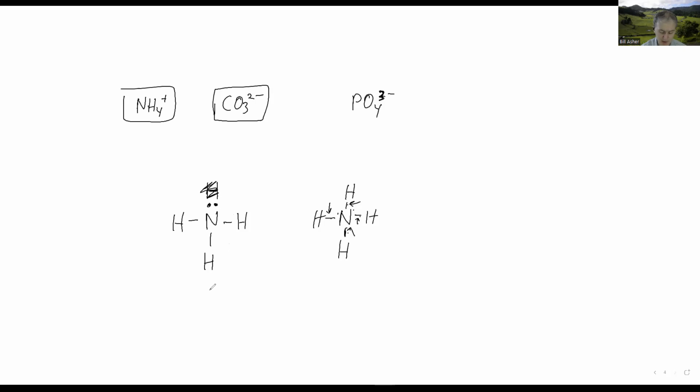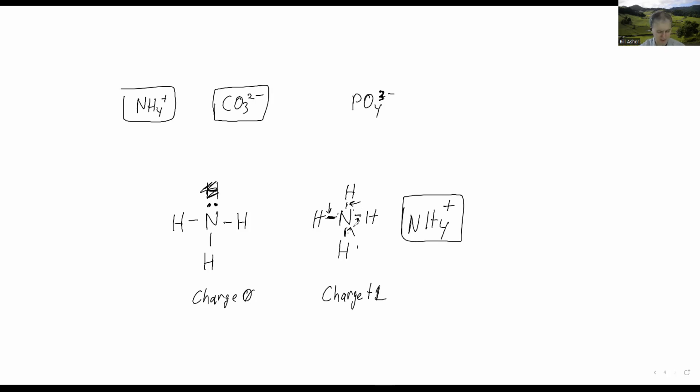And nitrogen with 5 electrons has a charge of 0. Nitrogen with 4 electrons over here has a charge of +1. So this whole thing, NH4, has a charge of +1, and it becomes an ammonium ion. But each bond between nitrogen and hydrogen is a covalent bond.